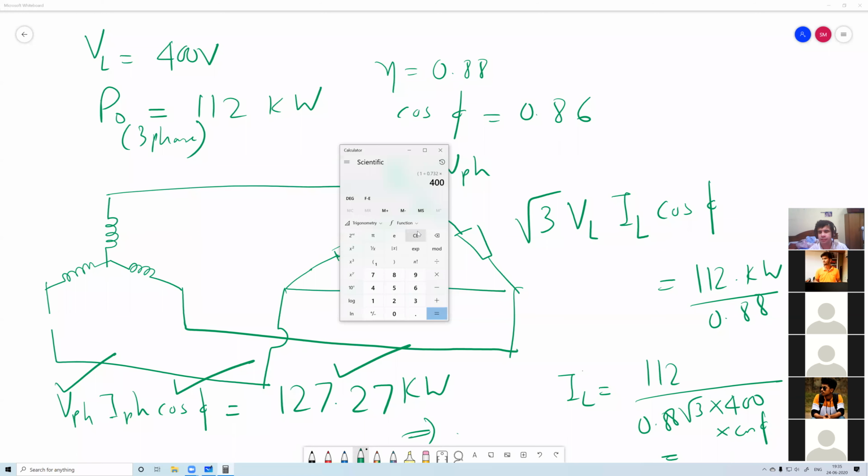Are you getting the same answer which I was getting? Can you check? My answer apparently is not matching with the one given in the book.